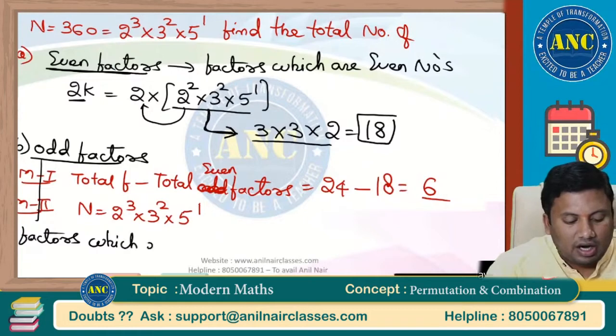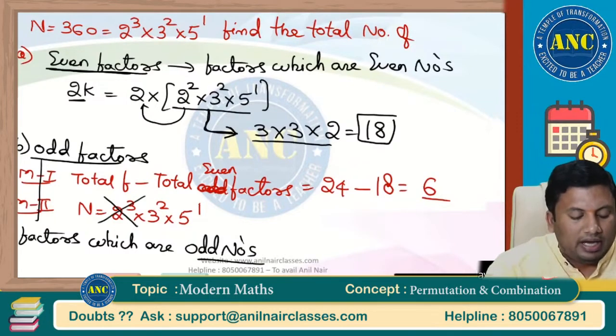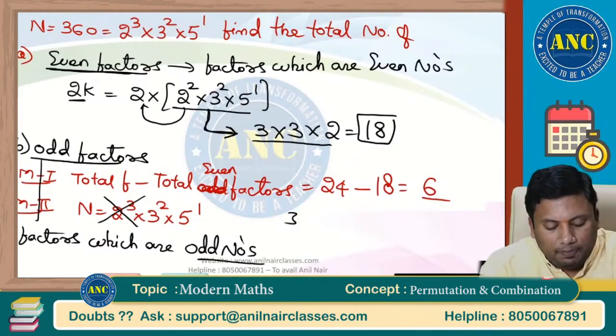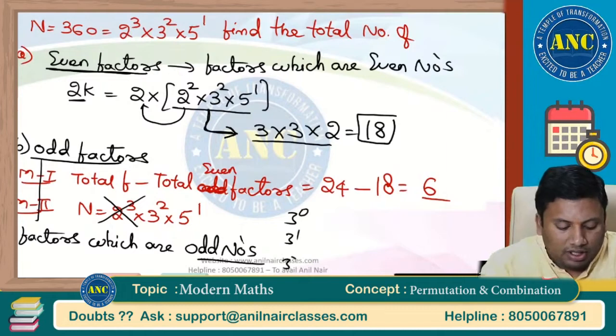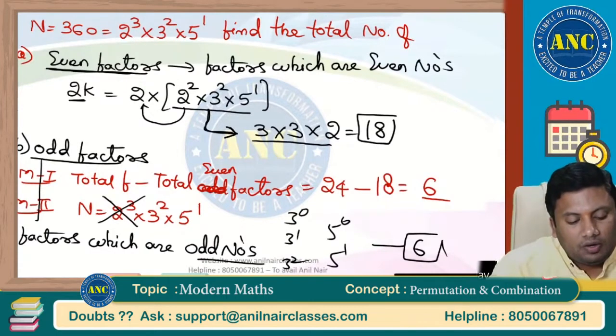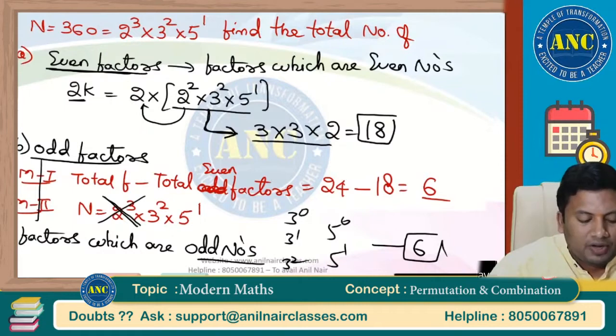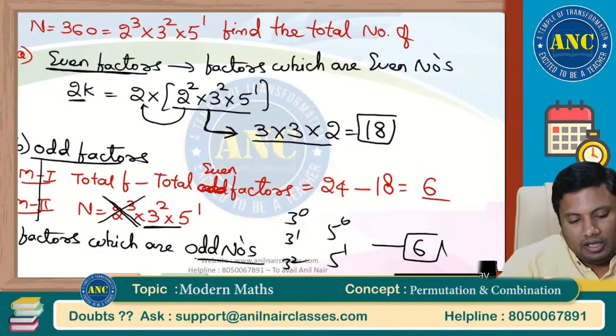An odd number is never divisible by 2, so eliminate the powers of 2. 3 power 0, 3 power 1, 3 power 2; 5 power 0, 5 power 1. 3 into 2 is 6. You can take only the power of 2 as 0, since 2 power 0 is 1. So take only the odd factors.